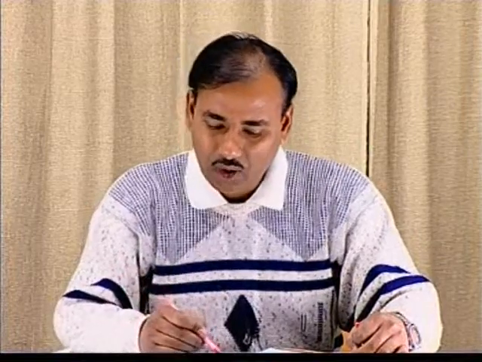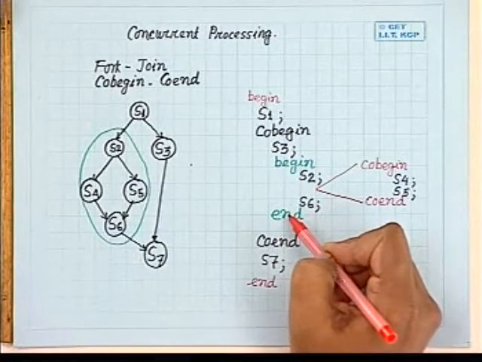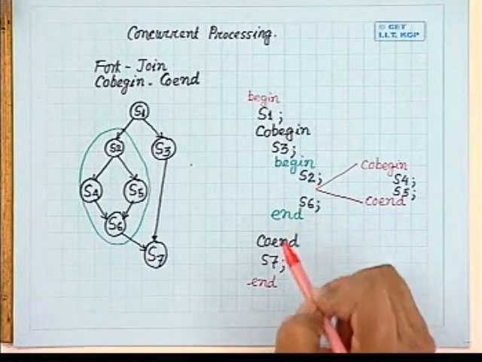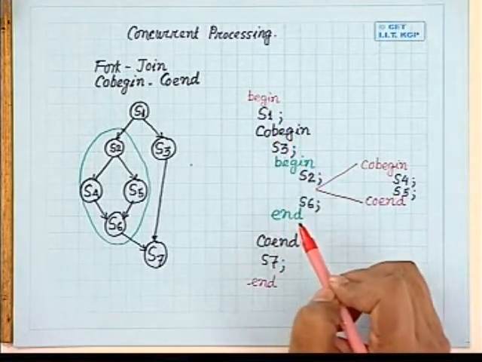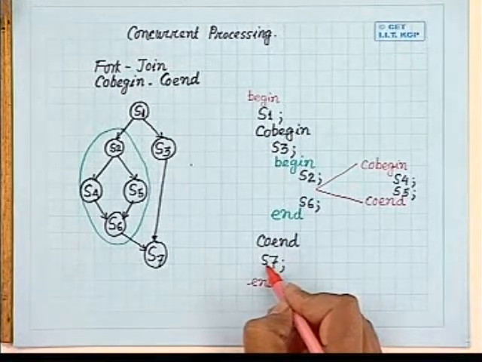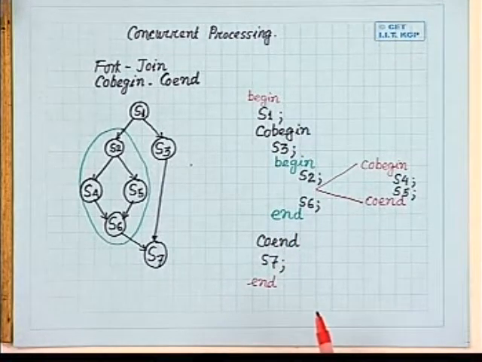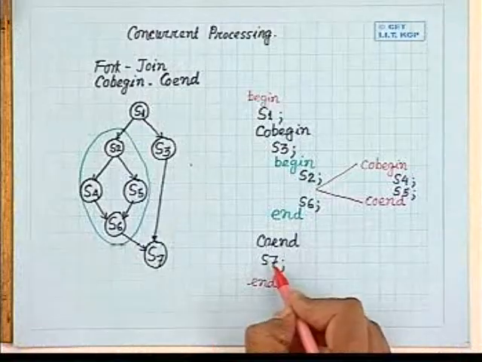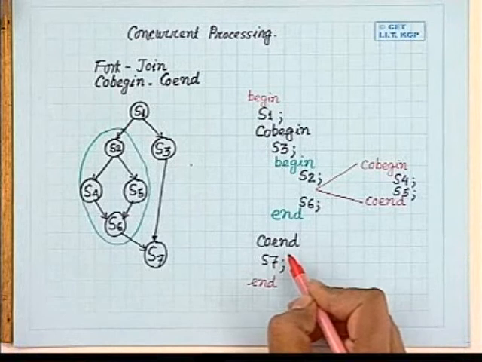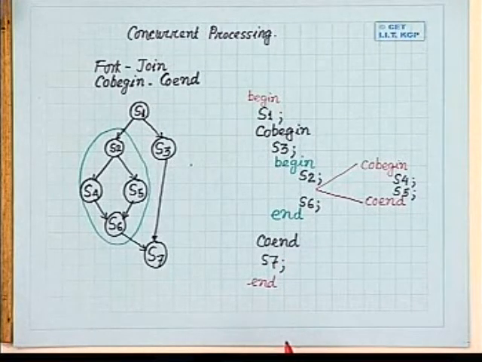When all the created child processes finish their operation and terminate, the parent process will wake up and the last statement, S7, will be executed by the parent process. In fork join structure, we cannot ascertain whether S7 will be executed by the parent process or the child process. But in this case, it is sure that S7 will be executed by the parent process only.